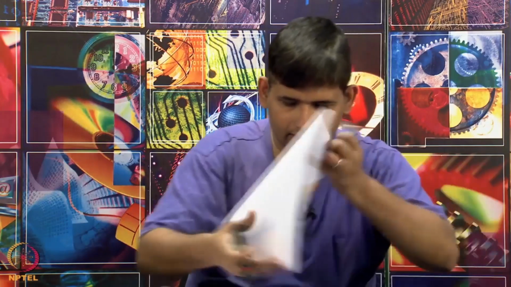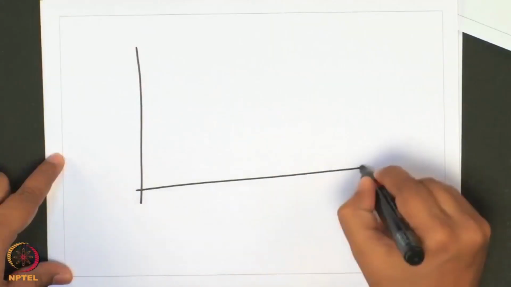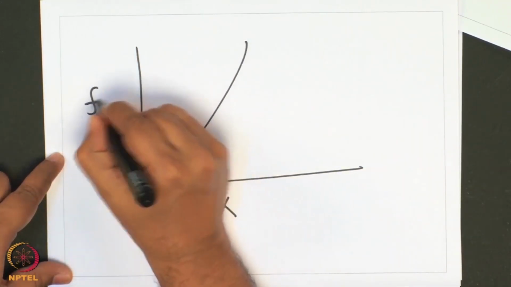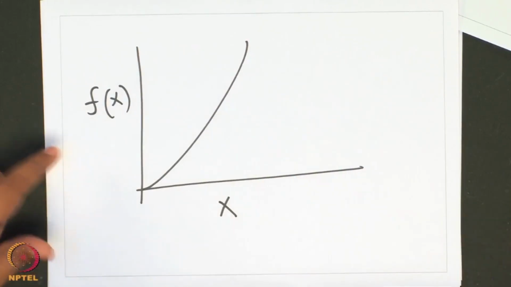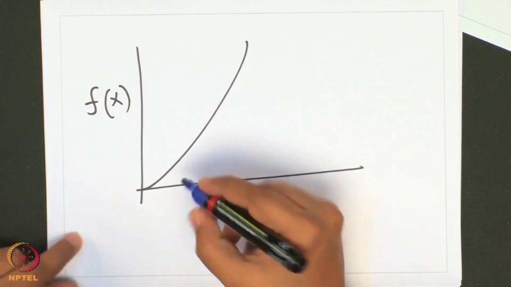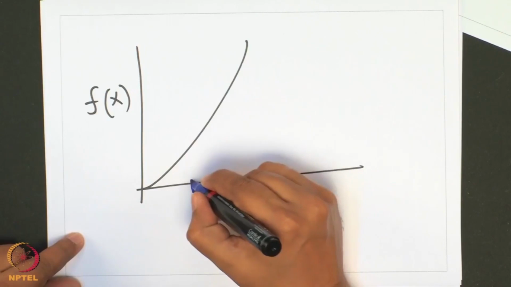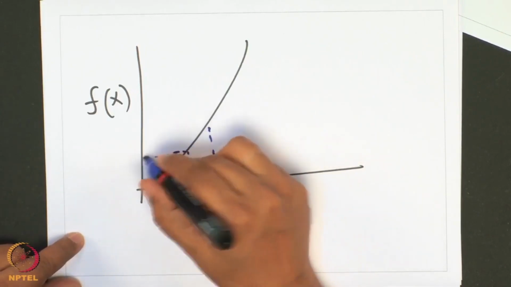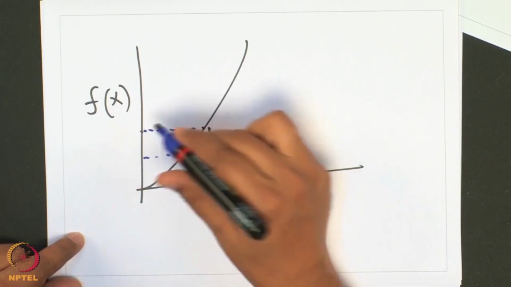So this is the way we would compute this, and the way we did it given a curve was the following. We had some curve, x versus f of x, and we took any 2 points and found the corresponding function values.